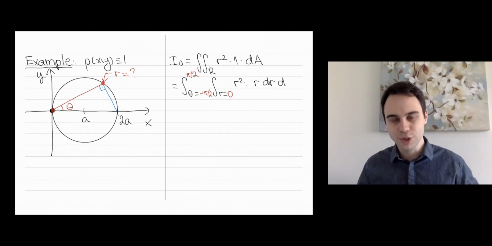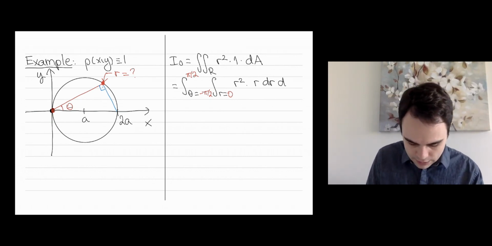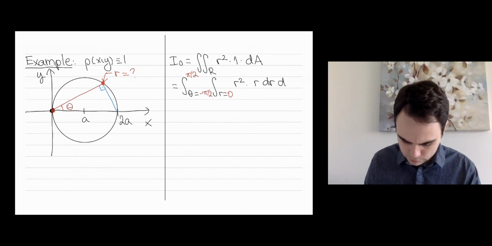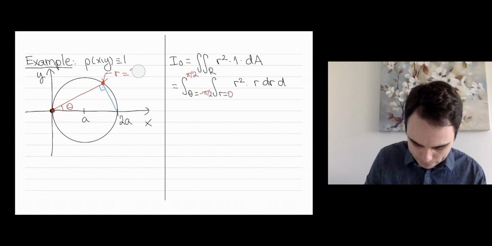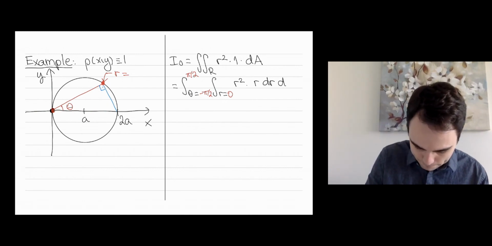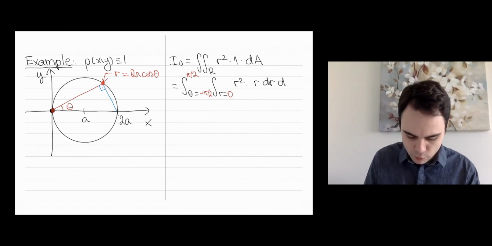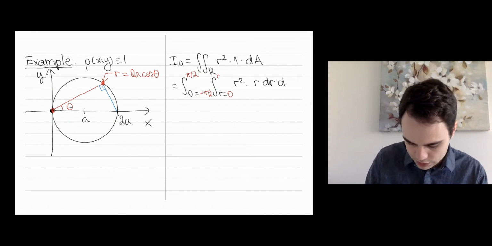If you know plane geometry, you can figure out that this angle here is a right angle, and therefore this side over here, this length over here, is equal to this hypotenuse multiplied by cosine theta. So that would be 2a times cosine theta. Right, so that's the moment when the ray leaves this region, this circle. So that's 2a cosine theta.